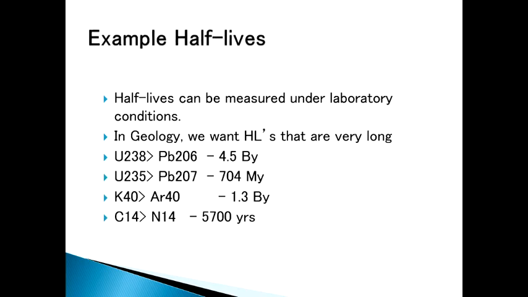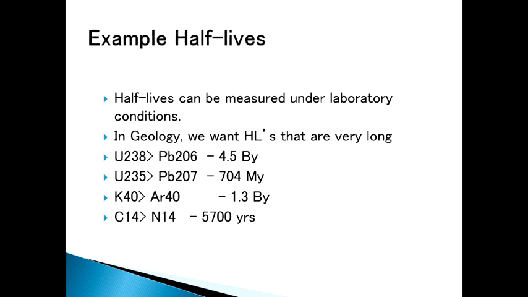And we have a bunch of these that we know of that work very well for geology. In geology, we want half-lives that are very, very long. And so look at these here. The half-life of uranium-238 to lead-206 is 4.5 BY, which is billion years. The half-life from uranium-235 to lead-207 is 704 million years.